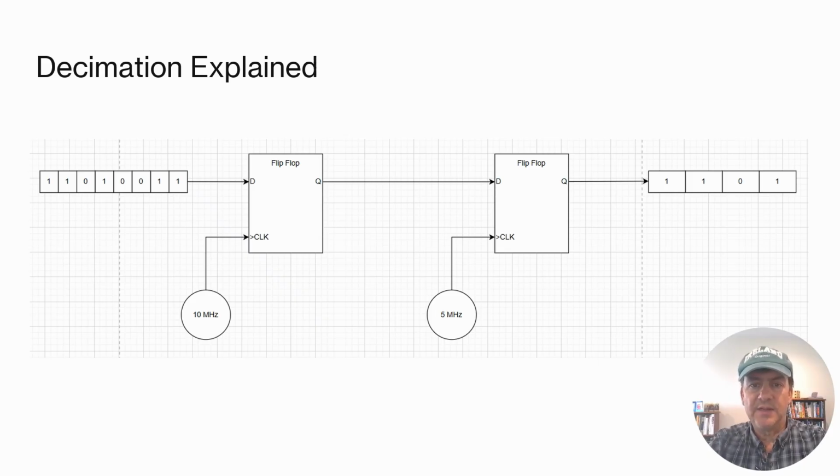If we did nothing, data would accumulate because samples are arriving twice as fast as they are leaving. To keep the system running in a steady state, every other data sample must be discarded, which is what is shown in the slide. That process combined with filtering to prevent aliasing is what we call decimation.